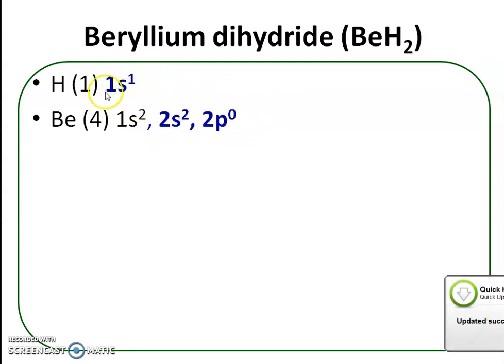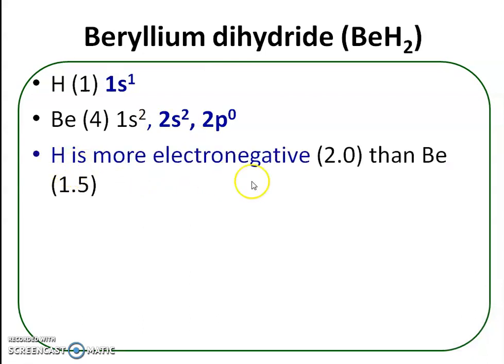In the outermost shell of beryllium there are 2 electrons, and in the outermost shell of hydrogen there is 1 electron, and these electrons present in the valence shell are involved in the process of bond formation. You also know that hydrogen is more electronegative than beryllium. Electronegativity of hydrogen is 2 and that of beryllium is 1.5.